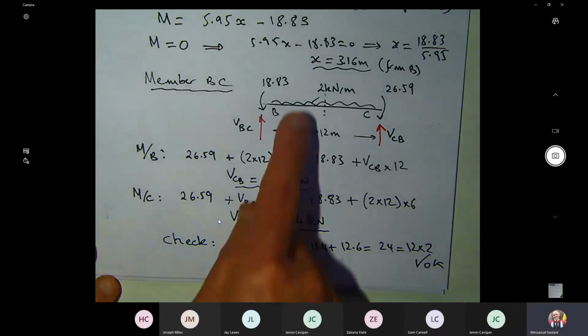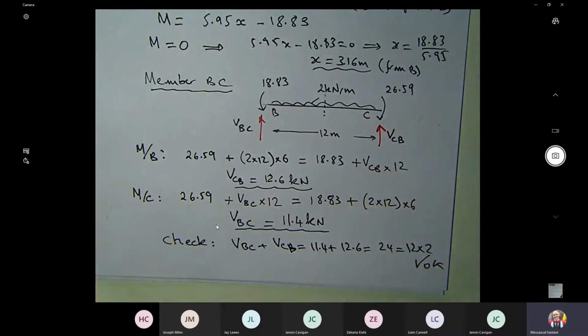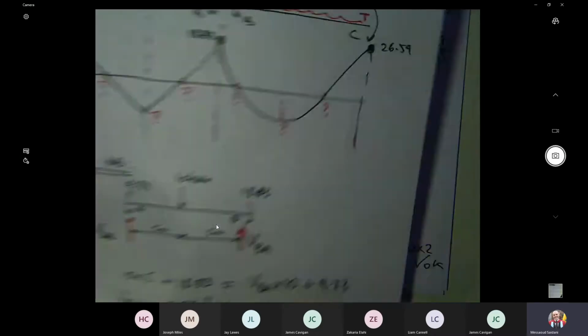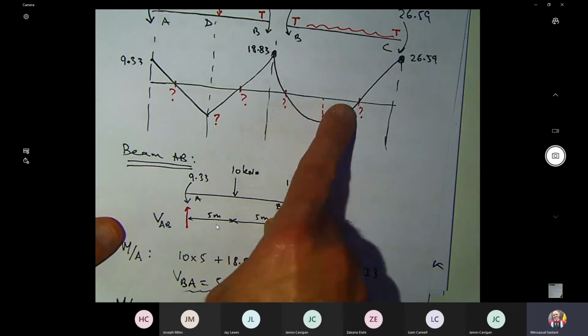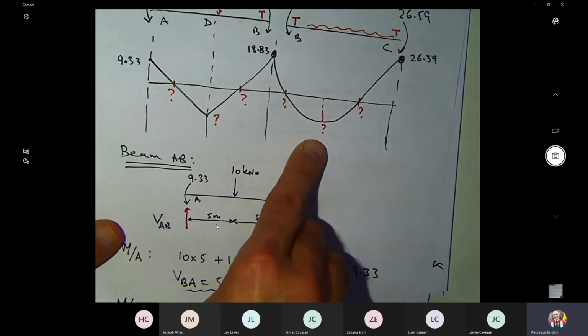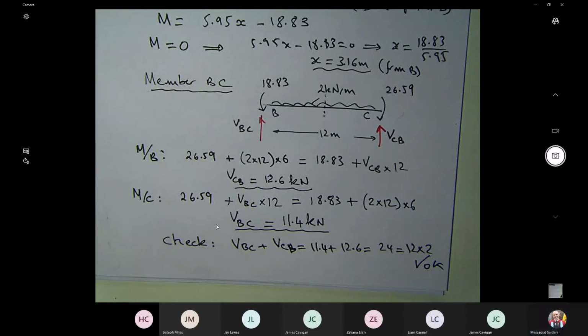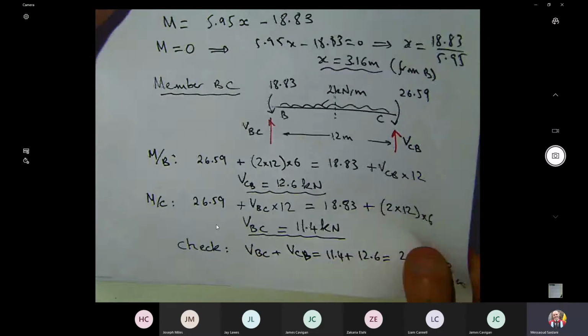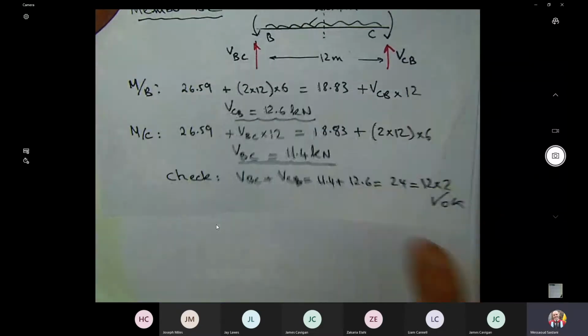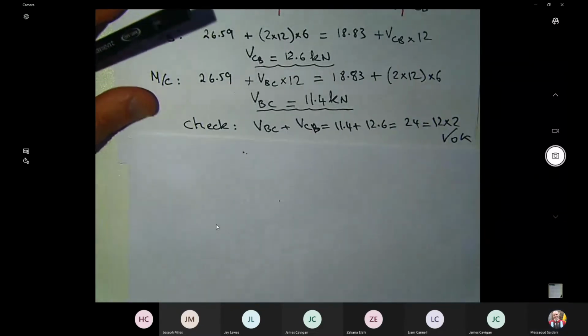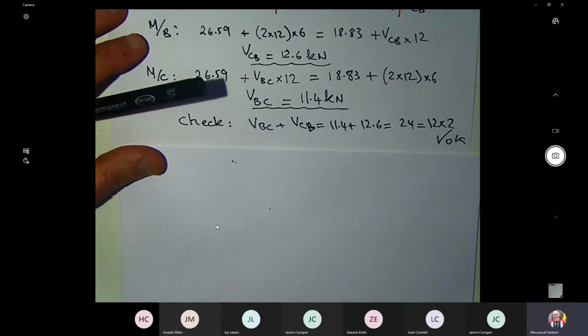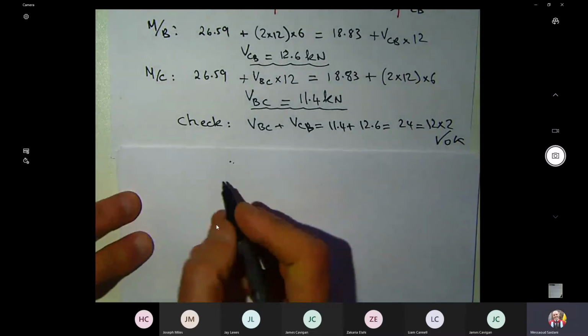Okay. So now we're going to determine the intermediate values, the points of contraflexion, and the maximum moment. Any questions? Okay.